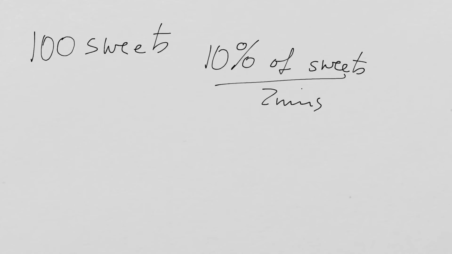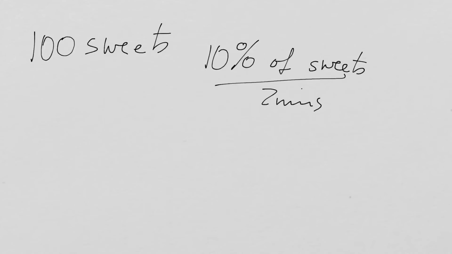You said 67. Naughty. 67. How did you do it? Just take off 10% each time.